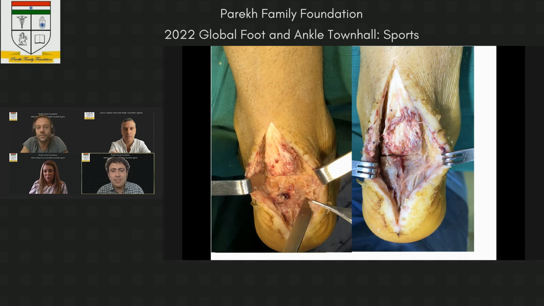And whenever this is really cold, an FHL transfer is perfectly an option. But if this is really free of infection, I can go a little bit further. There are some things that Maffulli says about late reconstructions that can be done, but this is insertional, so it's a little bit more difficult.